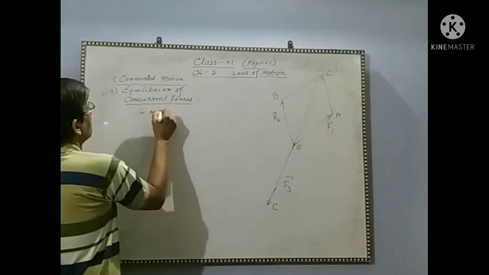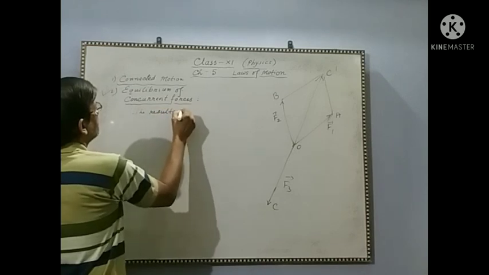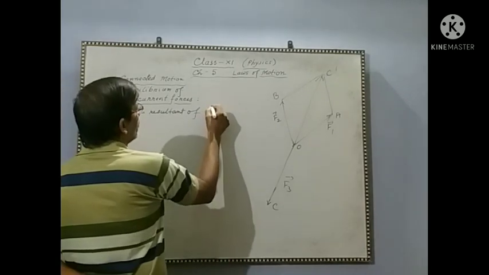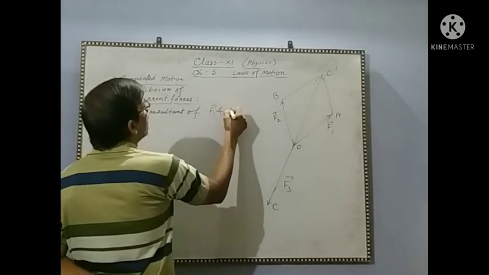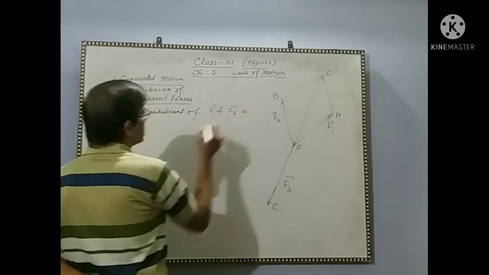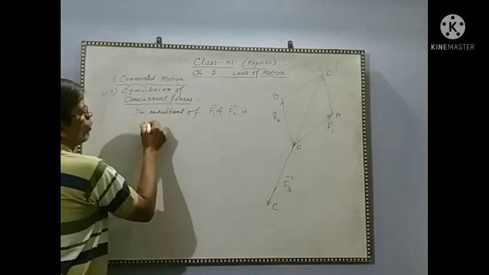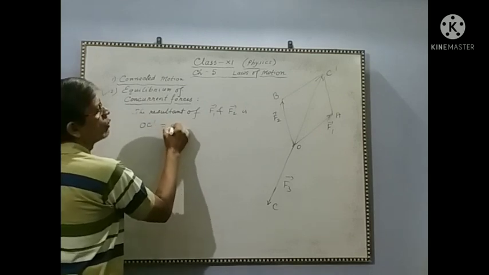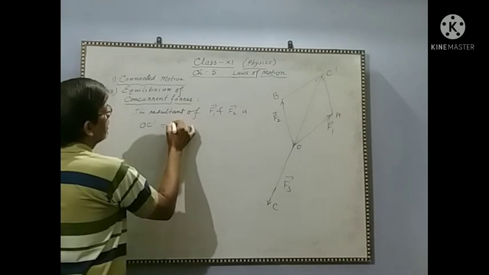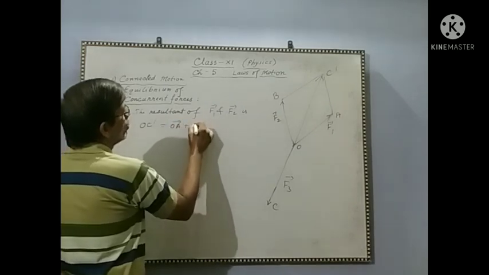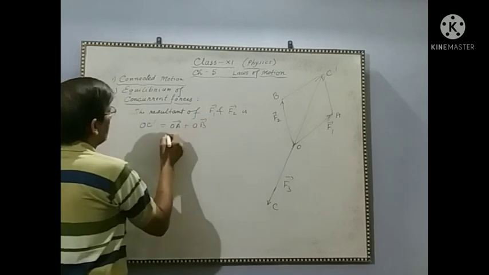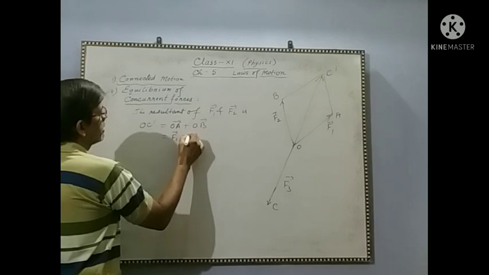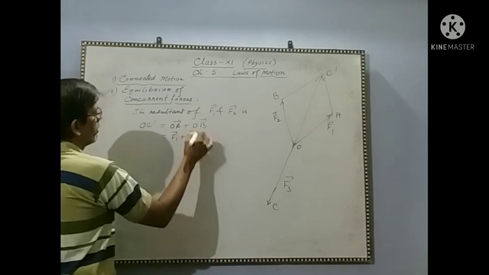The resultant of F1 vector and F2 vector is the OC dash vector, equal to OA vector plus OB vector, meaning F1 vector plus F2 vector.